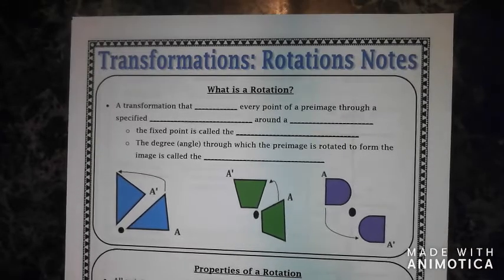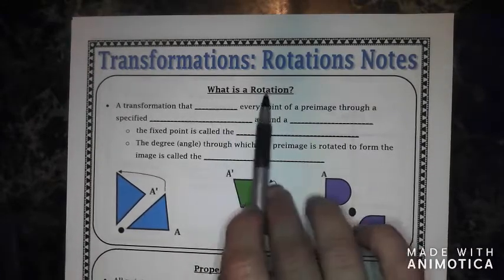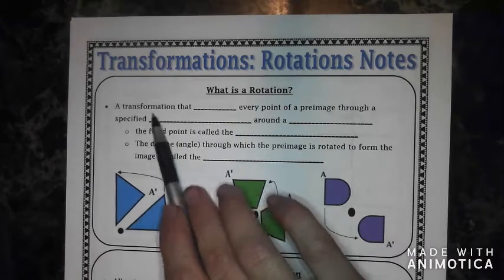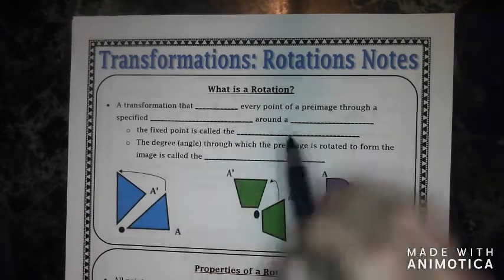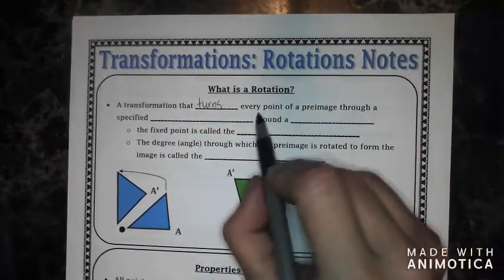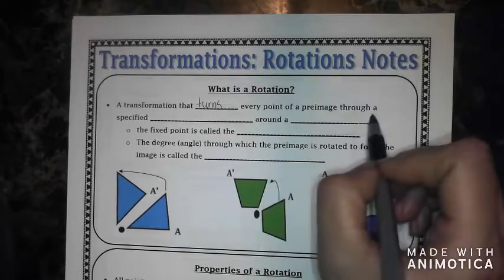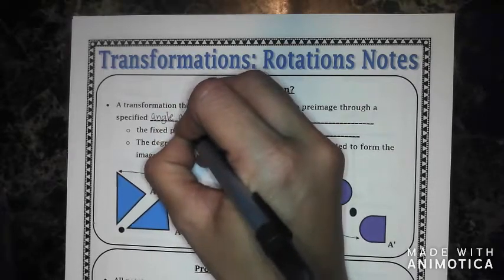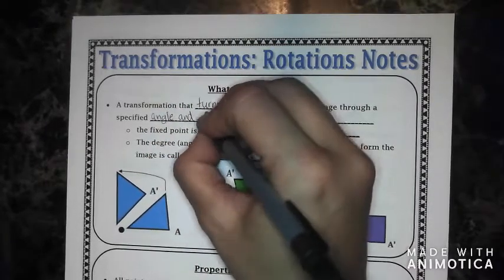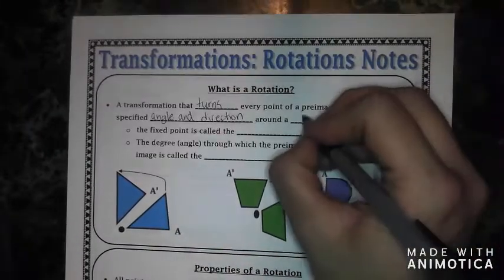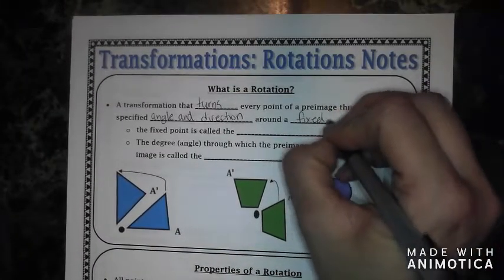Transformations, rotations notes. So what is a rotation? A rotation is a transformation that turns every point of a pre-image through a specified angle and direction around a fixed point.